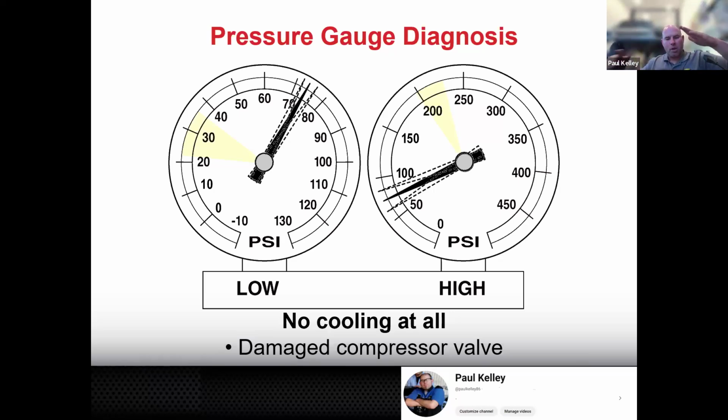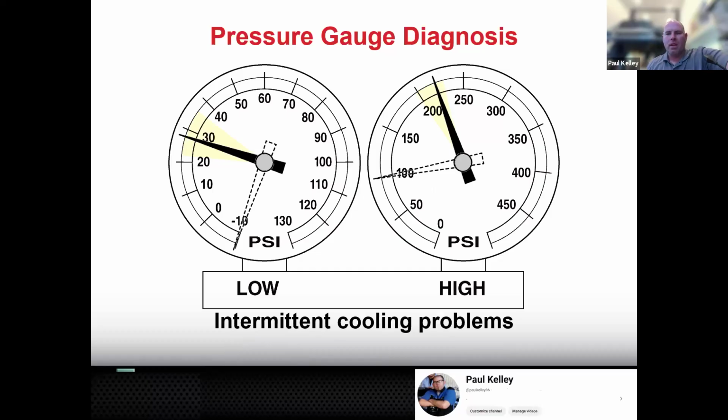And you'll end up with a needle pulse. Remember how they were fluttering? That's every time the piston strokes. Pushing refrigerant out, pulling refrigerant in, push, pull, push, pull. That fluctuation is not an electronic issue. That compressor has a bad valve. Damaged compressor valve. Oh yeah.